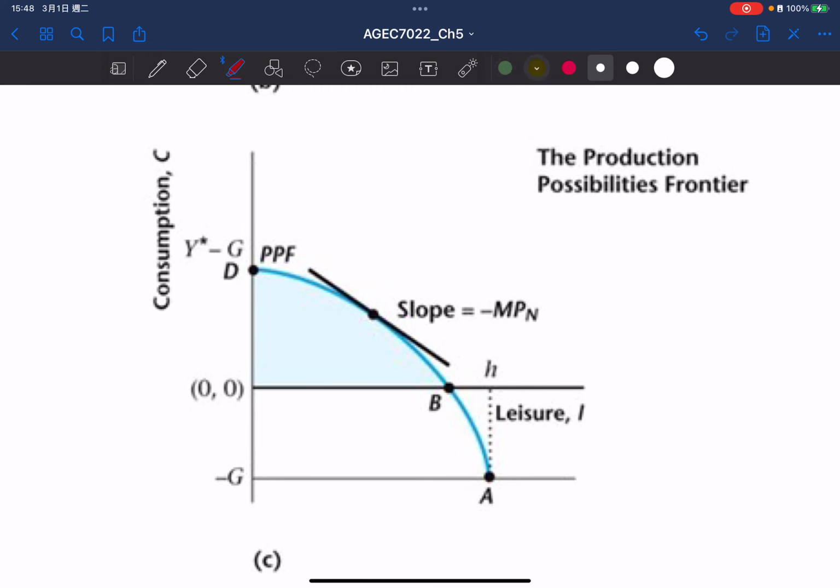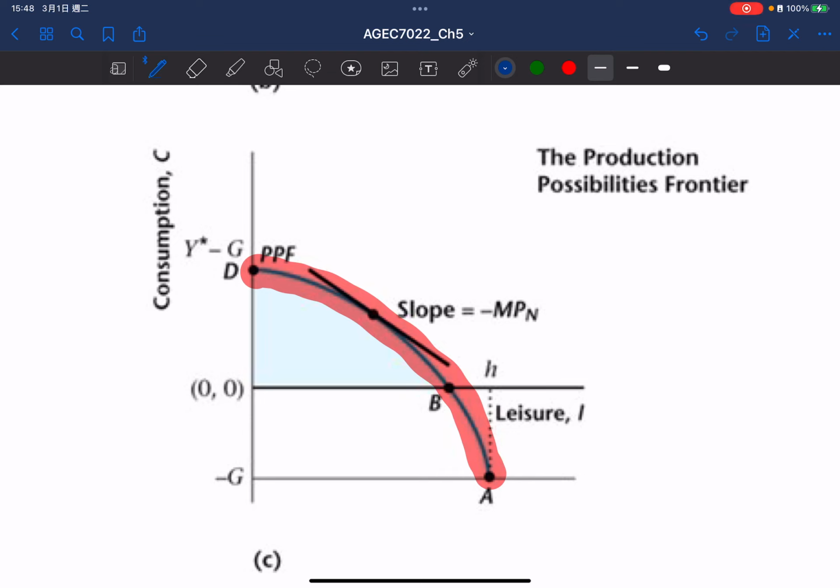And this line here is what we call the PPF, the Production Possibilities Frontier. That basically tells you the relationship between consumption and leisure.